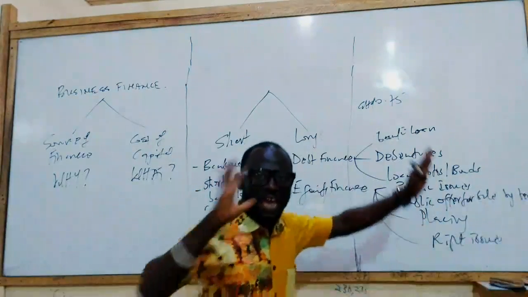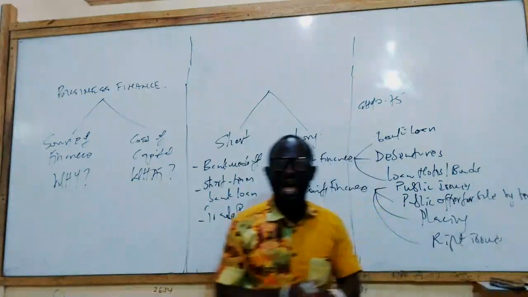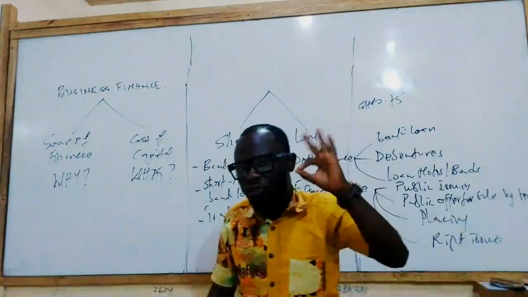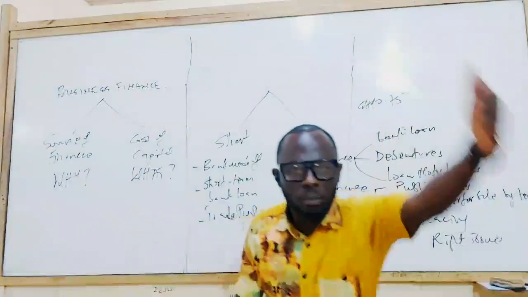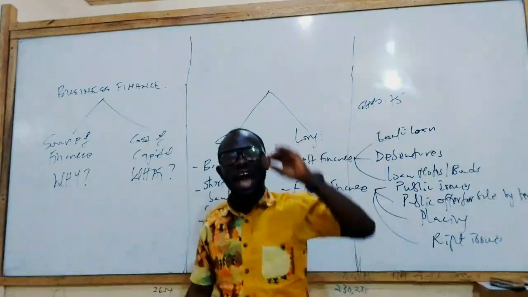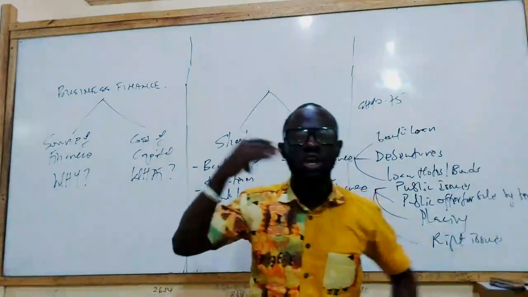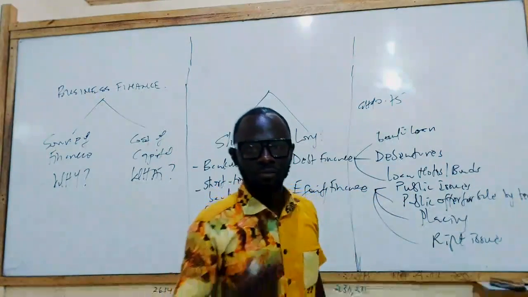It is $2 per share, and they sell it out. But with a public offer for sale by tender, the entity is selling the shares, but there is no fixed price. Rather, the potential investors are going to bid, and definitely the shares will be issued to the highest bidder.